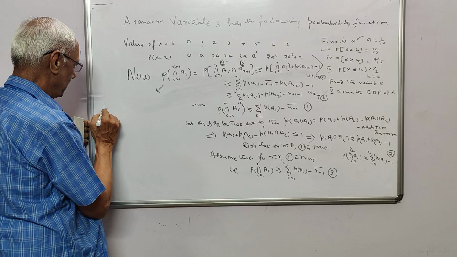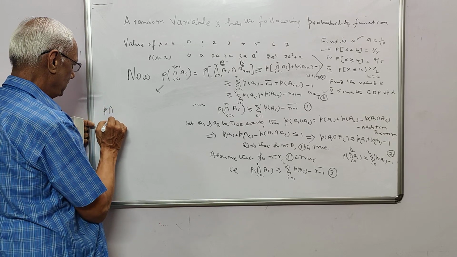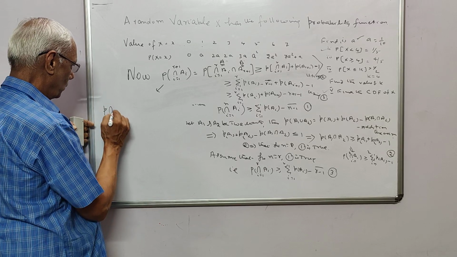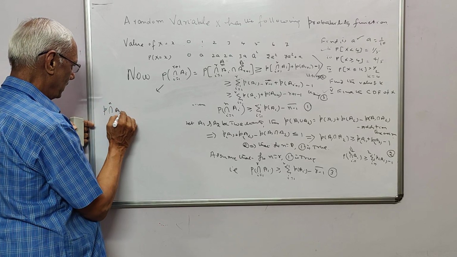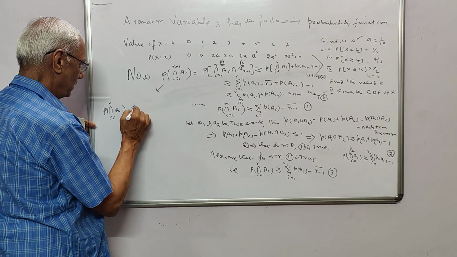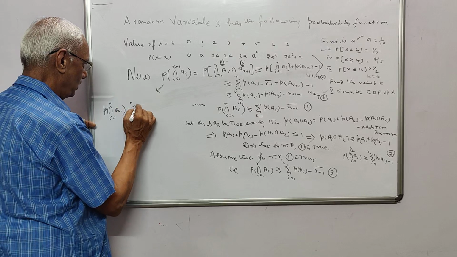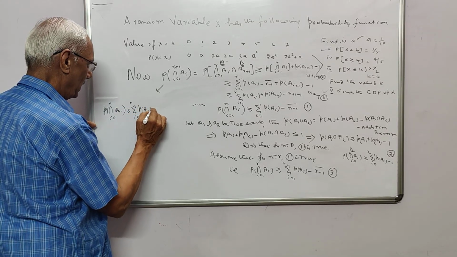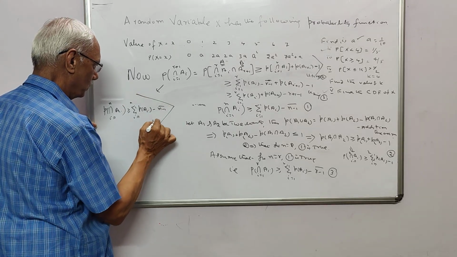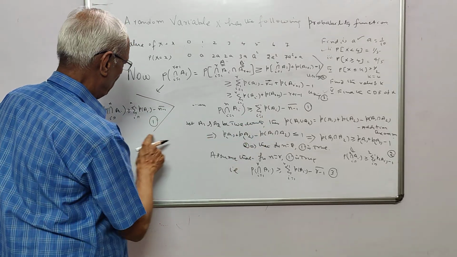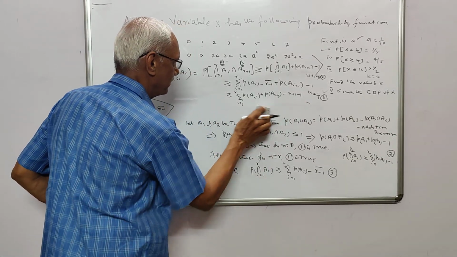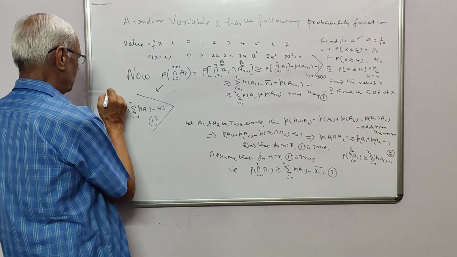Prove that P of the conjunction of ai, i is equal to 1 to n, is greater than or equal to the sum of P of ai, i is equal to 1 to n, minus n minus 1. This is what we have to prove.